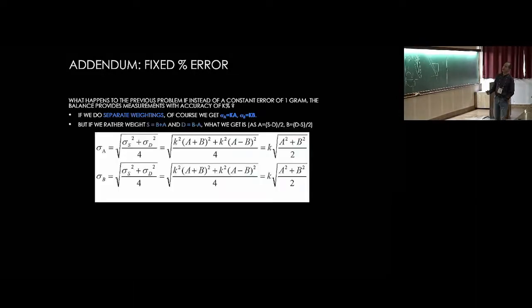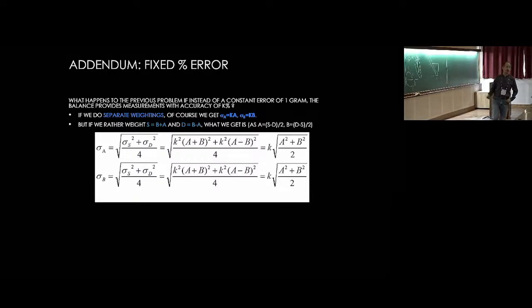If we take the sum and the difference, this time we do the math and we get that the uncertainties are equal, as in the sum case, but remember, if the two objects are different in this case, the uncertainty of the individual measurements would be different. 2 kilograms plus or minus 20 grams, 1 kilogram plus or minus 10 grams, because the uncertainty now scales as a fraction of the total weight.